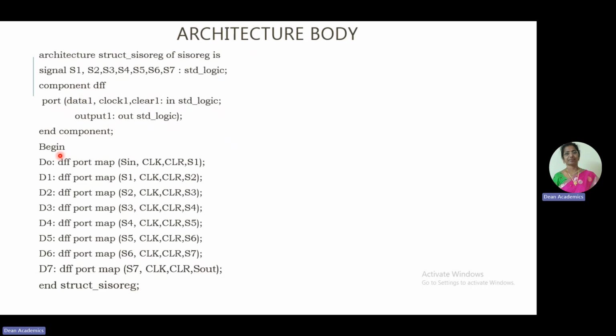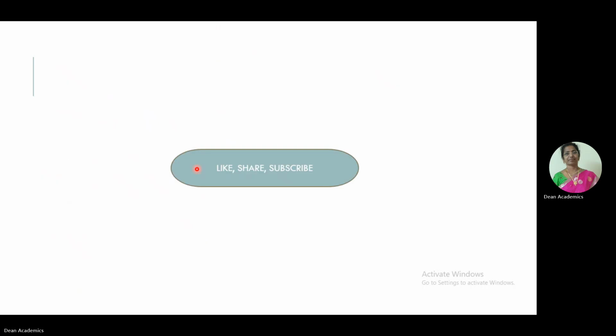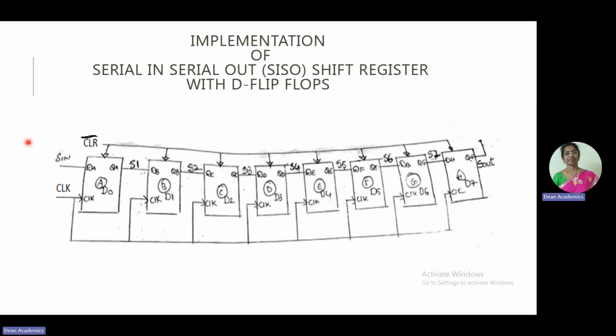Now begin the architecture body we are writing. So D0 is the D flip-flop port map with S in, clock, clear, and S1. Similarly, D1 is nothing but D flip-flop port map with S1, clock, clear, and S2.